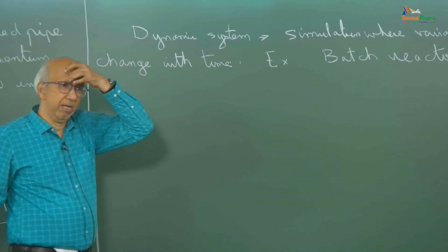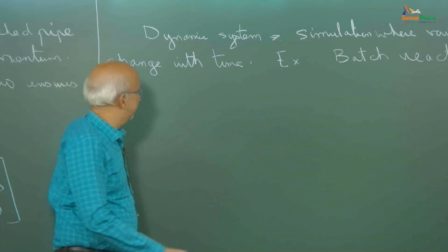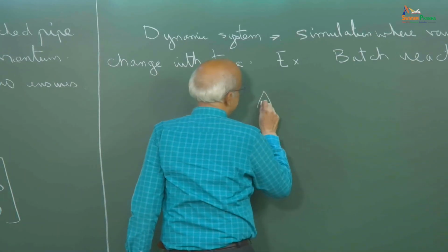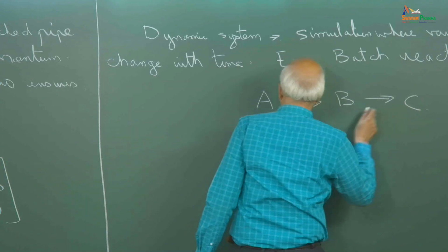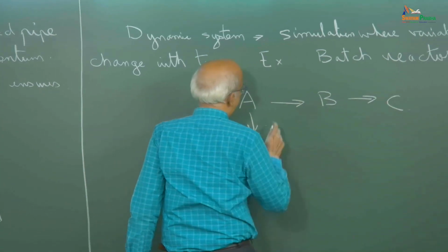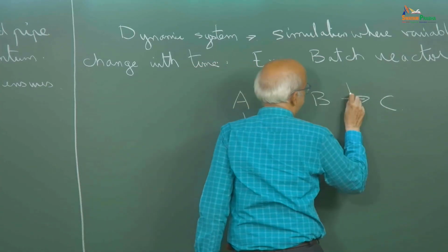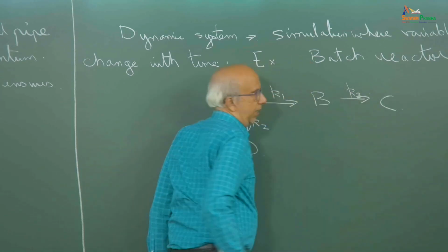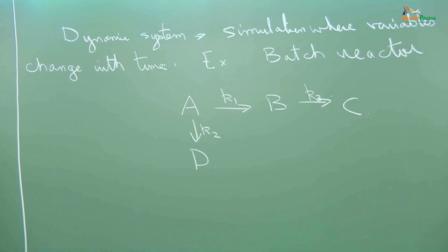I am going to consider the following set of reactions: A giving B, B giving C, and A giving D. These have rate constants K1, K2, and K3, and I am going to assume my reactions are all elementary.